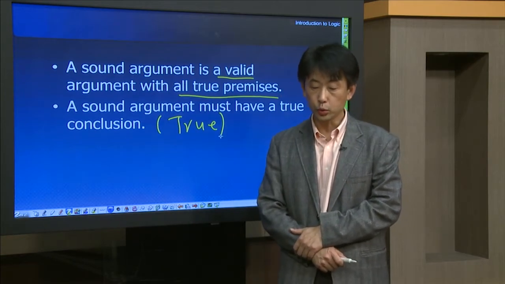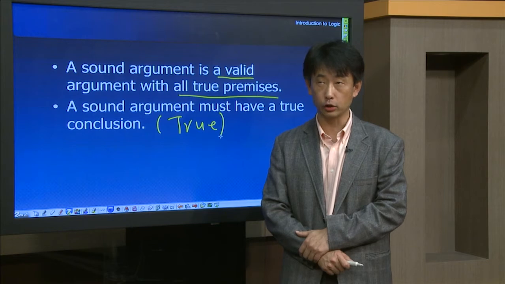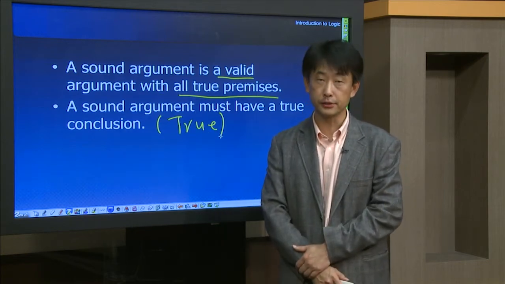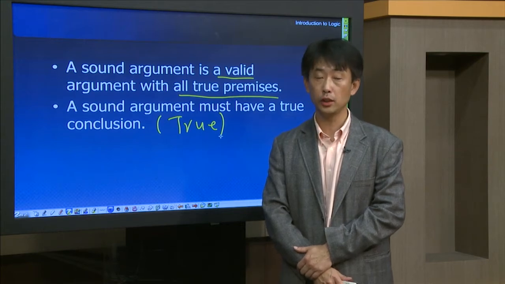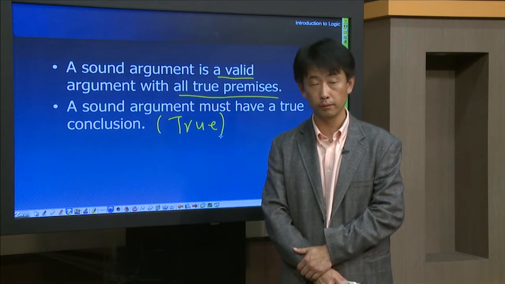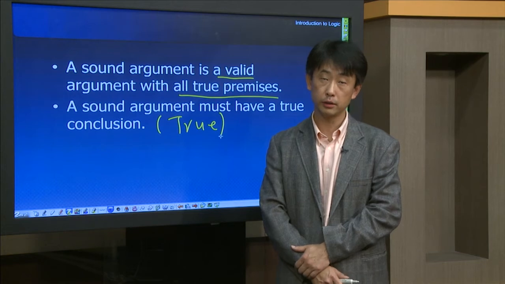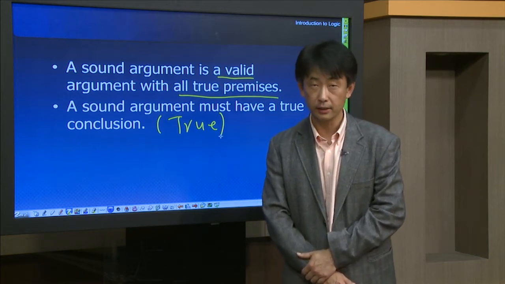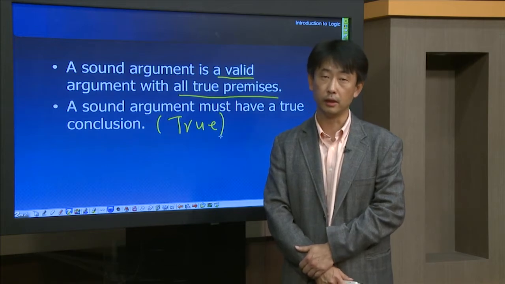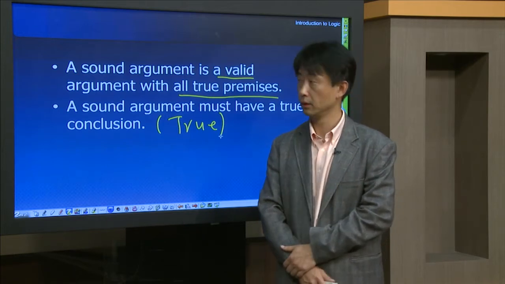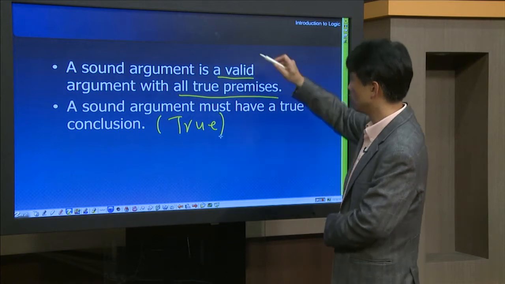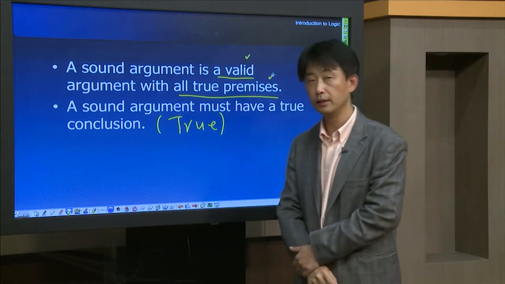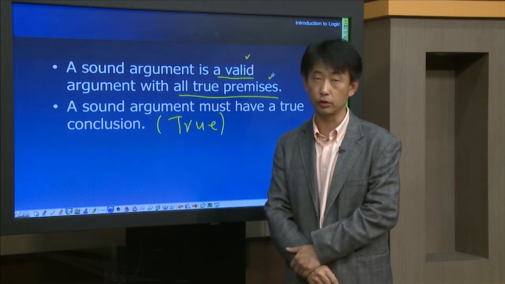There are two ways you can criticize an argument. The definition of a sound argument suggests two ways in which an argument can go wrong. An argument can go wrong by being invalid or having a false premise. So if either this condition or that condition is not satisfied, it is not a sound argument.